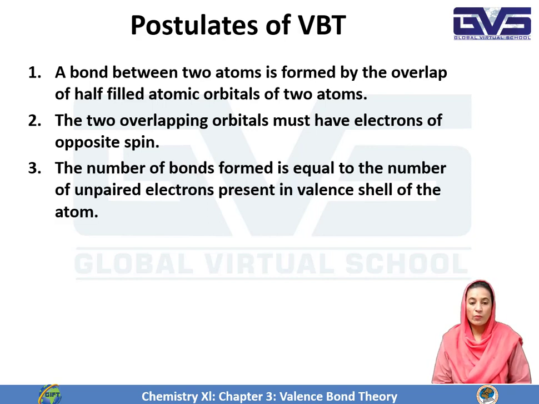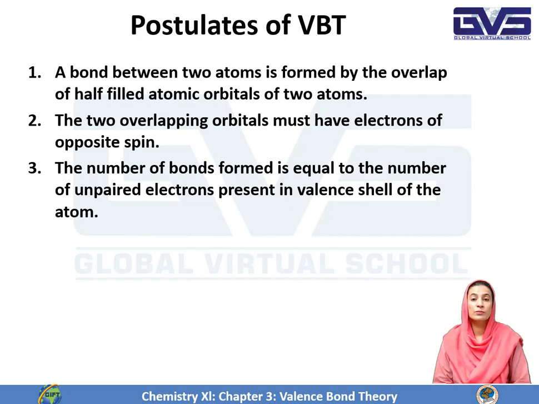And the number of bonds formed between them is equal to the number of unpaired electrons present in the valence shell of the atom. So who will decide how many bonds will be formed? Bonds depend upon the number of partially filled atomic orbitals. So if an atom contains one partially filled atomic orbital, it will form one bond.